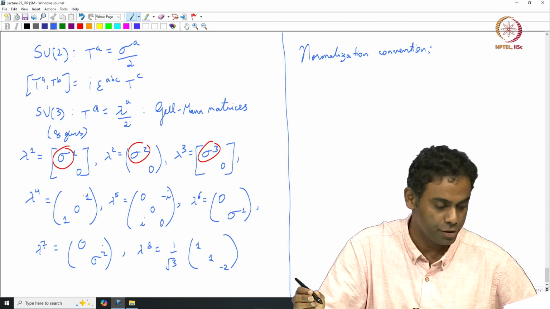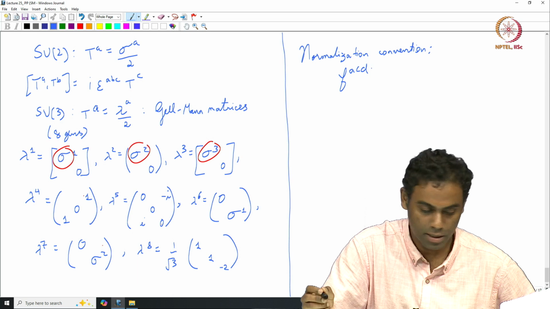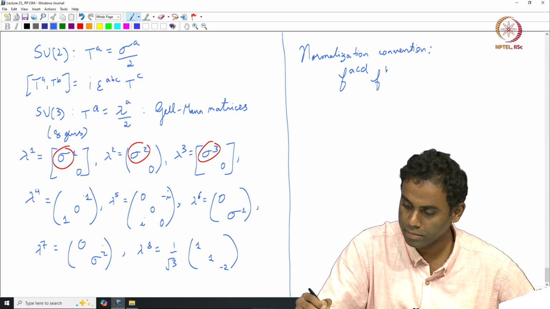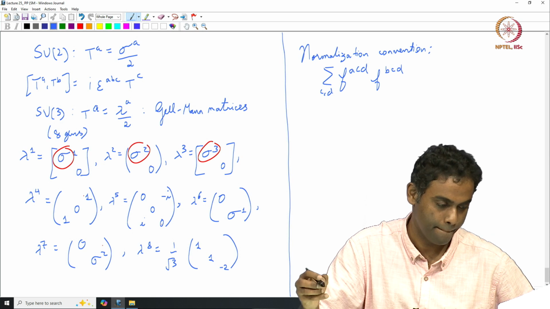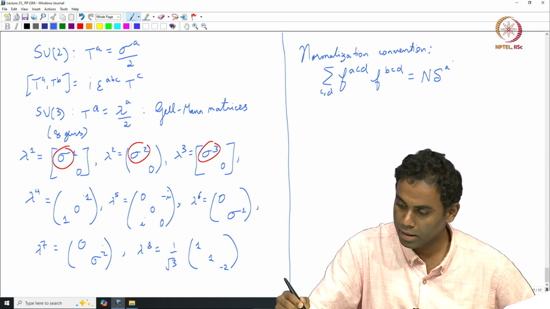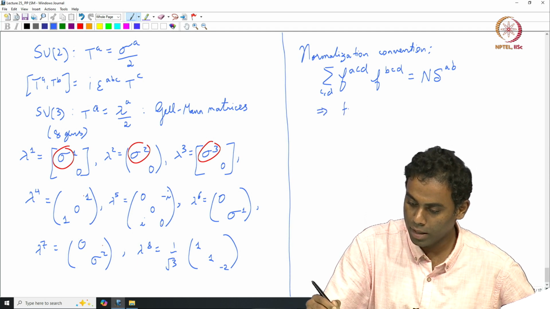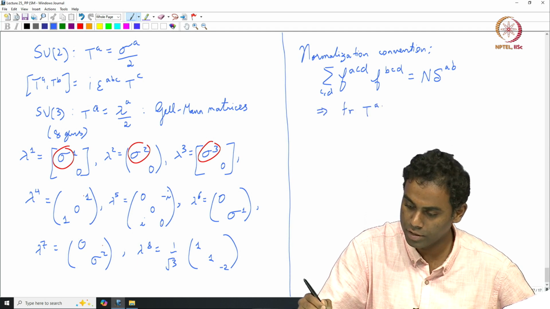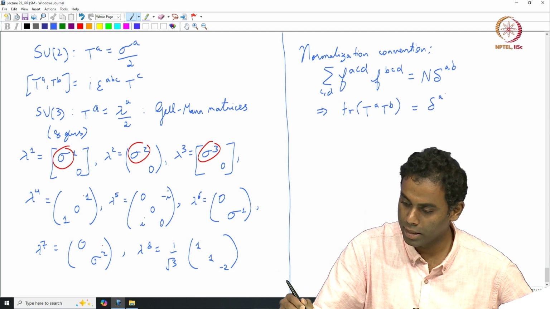And the convention that we use is this: if I take the trace of TA TB, I get delta AB over 2.